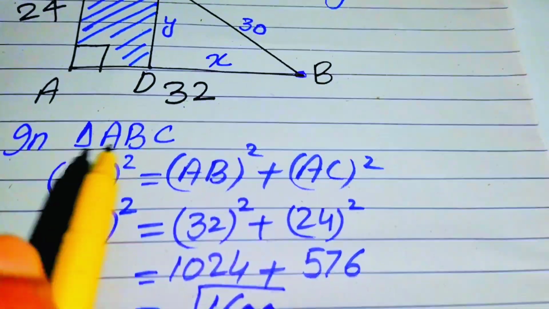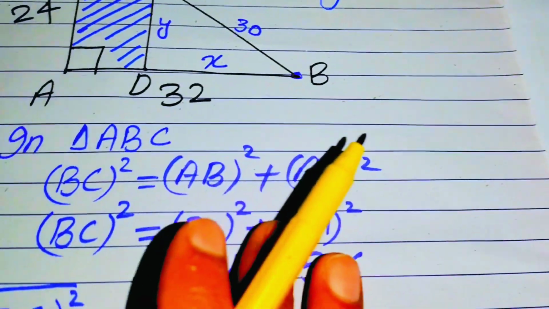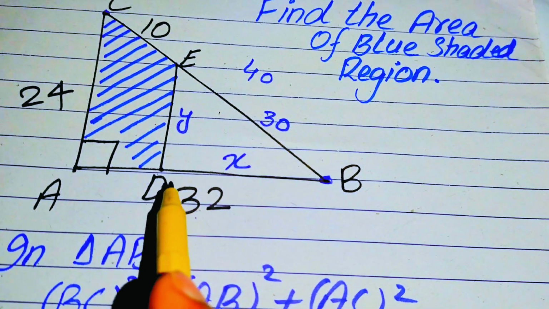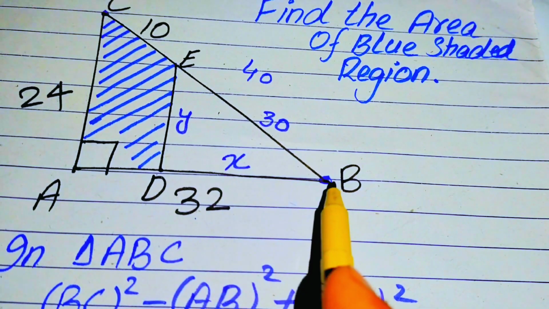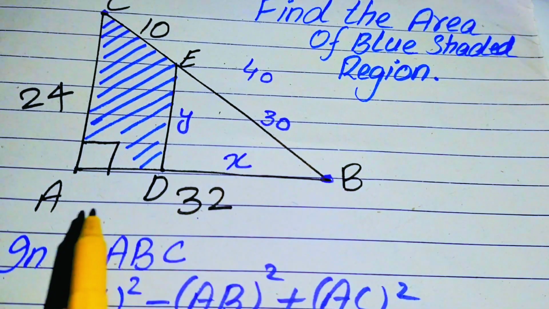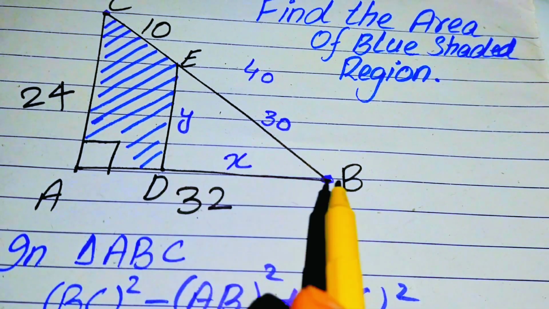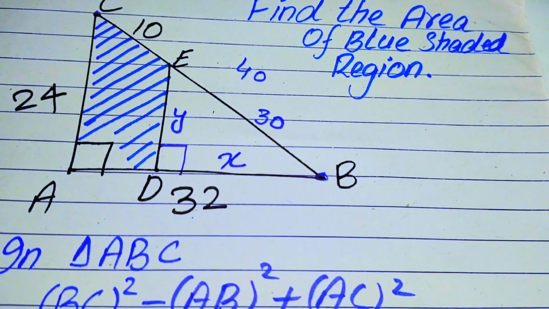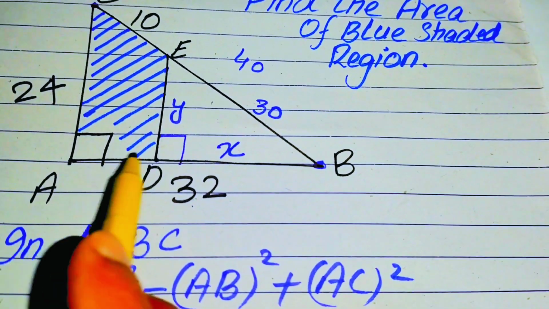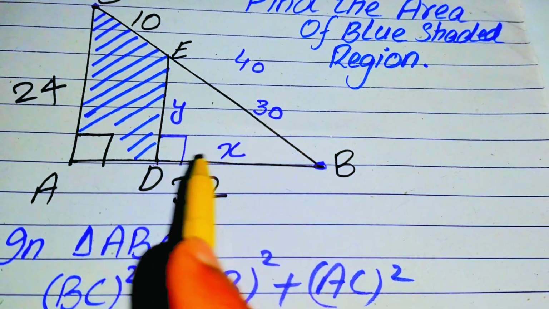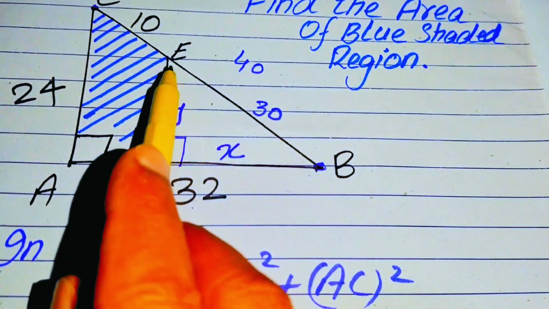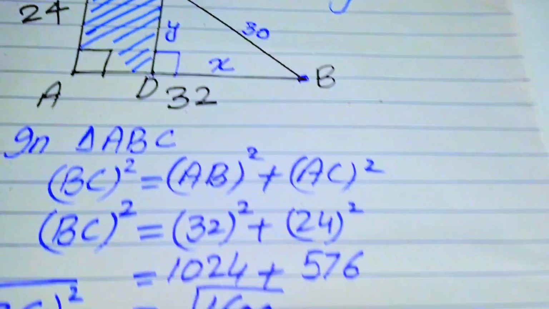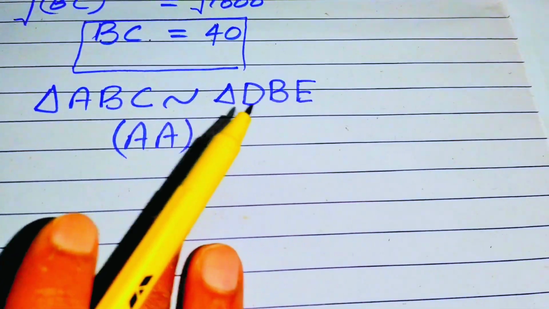So first we equate the ratio of the sides DB and EB, which is equal to the ratio of the sides AB and BC, because this angle is a right angle and this angle is also a right angle. So according to this, we have the ratio of DB over EB equals the ratio of AB over BC. So we write this ratio here.